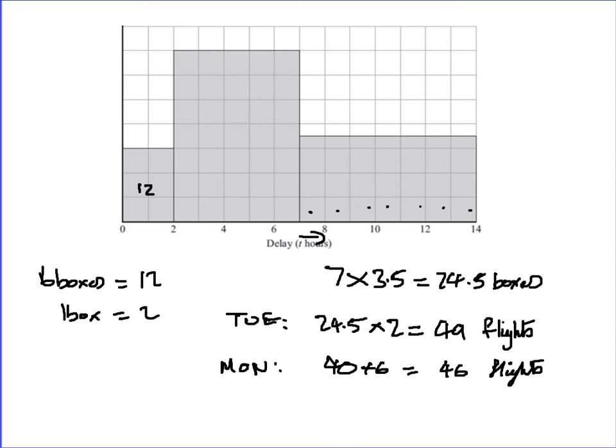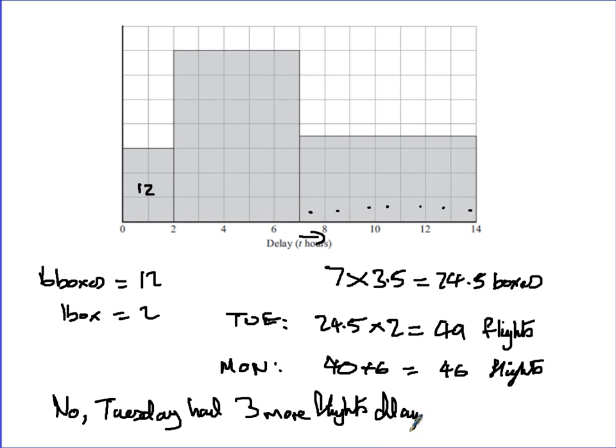And let's see what she states. A greater number of flights were delayed on Monday than Tuesday. Is she correct? No. Tuesday had 3 more flights delayed compared to Monday.